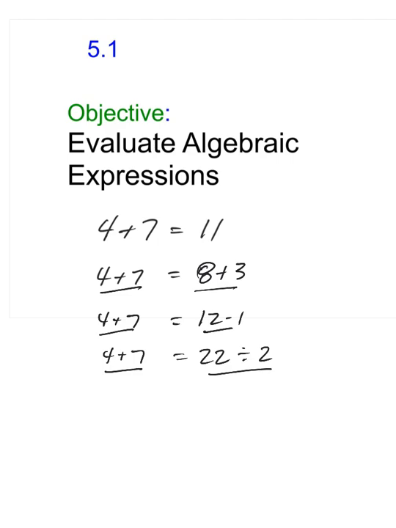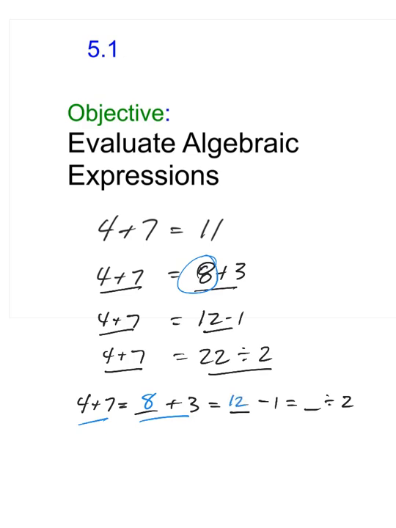So if I were to write this out and say, well, 4 plus 7 equals blank plus 3, which equals blank minus 1, which equals blank divided by 2, then what you would do is plug in, well, we already realized this is 8 plus 3. And we've already discussed that this also equals 12 minus 1.